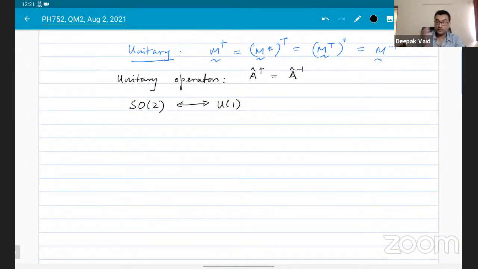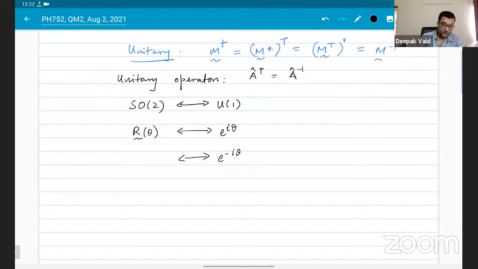But if you want a one-to-one mapping of the elements, you can do that. An element of U1 is given by e to the i theta. An element of SO2 is given by R of theta, right? So there's a one-to-one mapping between these elements.